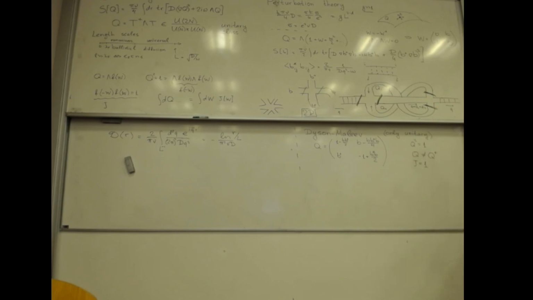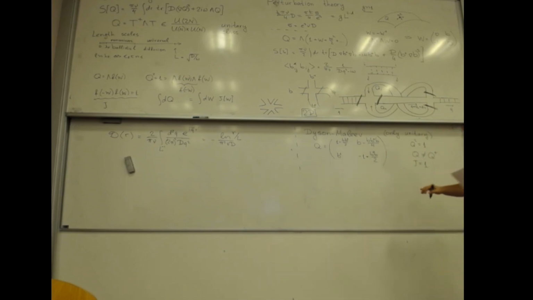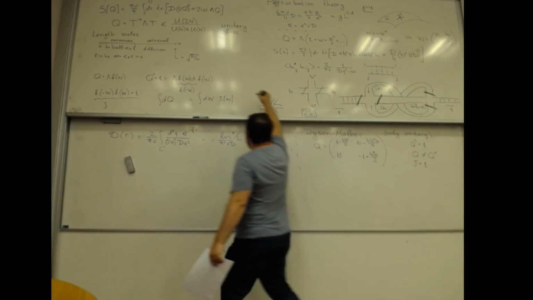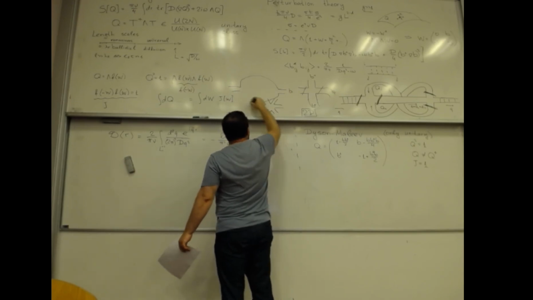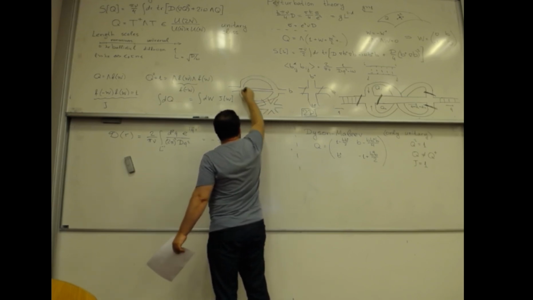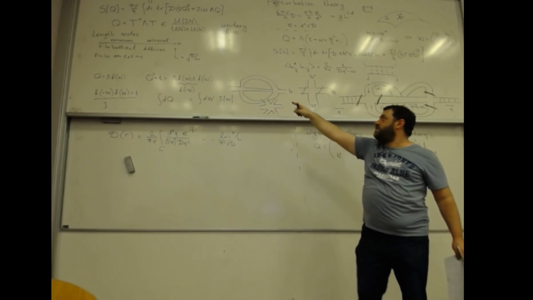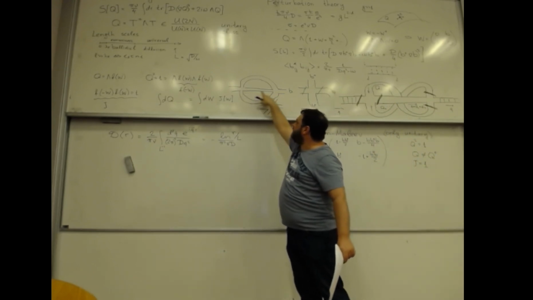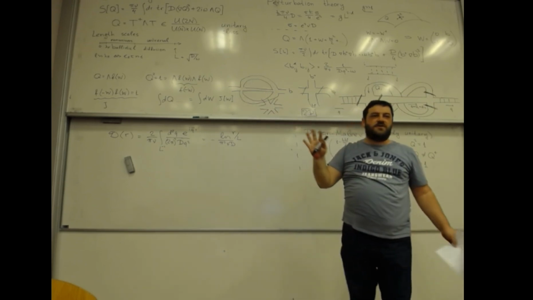Can I ask a stupid question? Why again do you need to draw it like this in this diagram? Why not just 3 parallel lines? If you draw parallel lines, this is what you get. You have detached Fermi loops inside, 2 of them. This line is not attached to anything outside, and this line is not attached to anything outside.